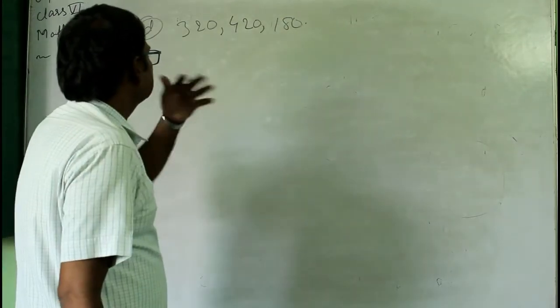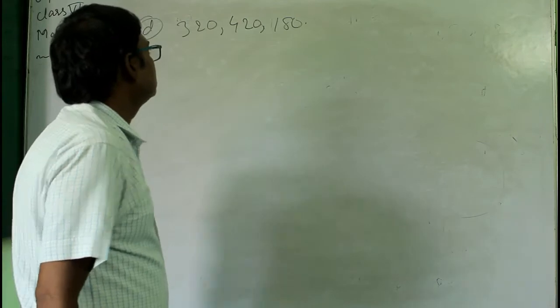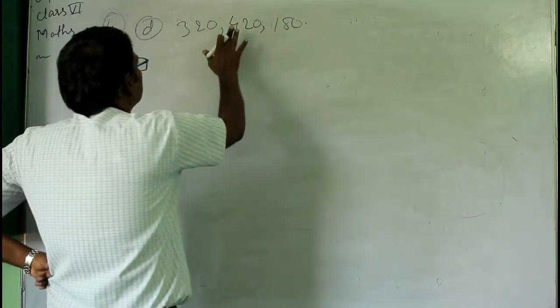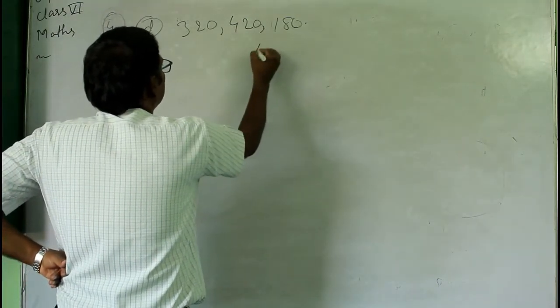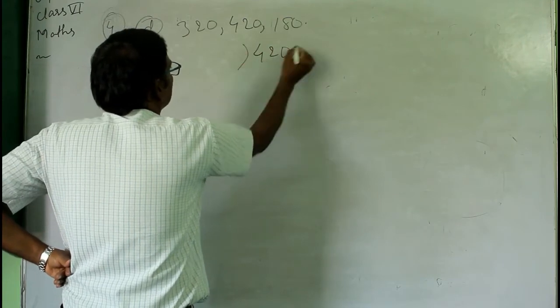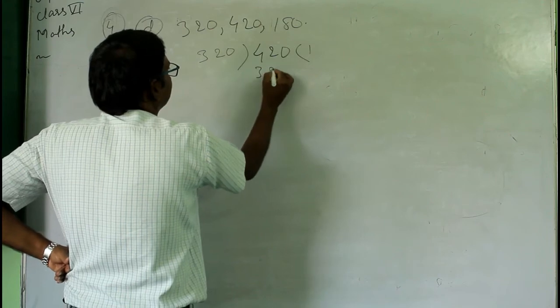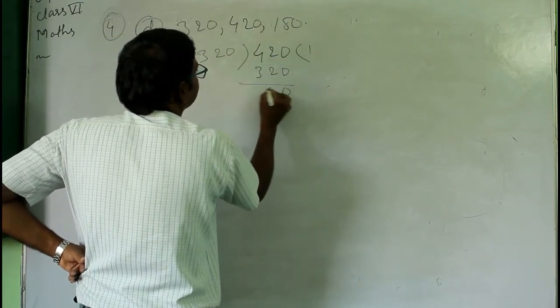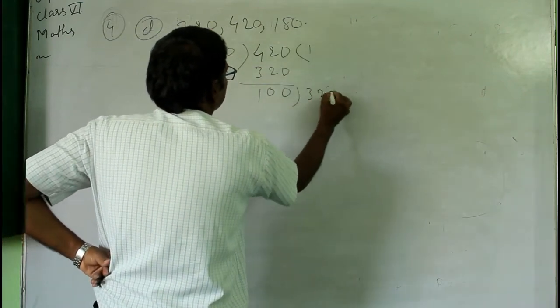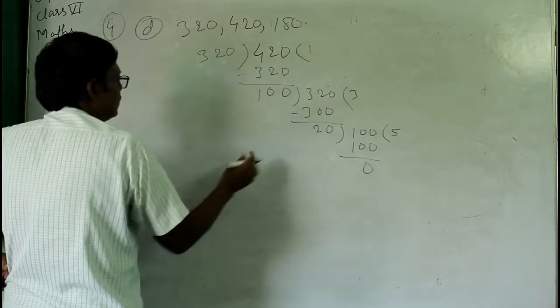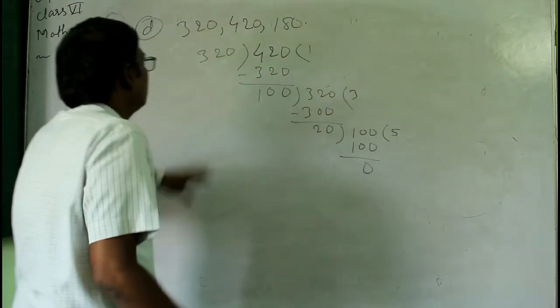In this you can take any two numbers. Suppose I take these two numbers. Then divide 420, the larger number, by the smaller number. Then divide. 1, so 0. Therefore, now 20 is the HCF of this and this.